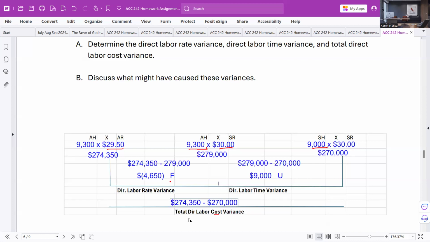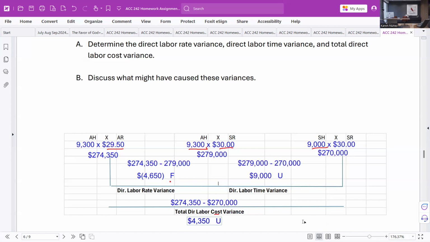We end up with a direct labor cost variance, unfavorable, 4,350. And that's the direct labor variances. Rate variance, time variance, put it all together, we've got a cost variance.